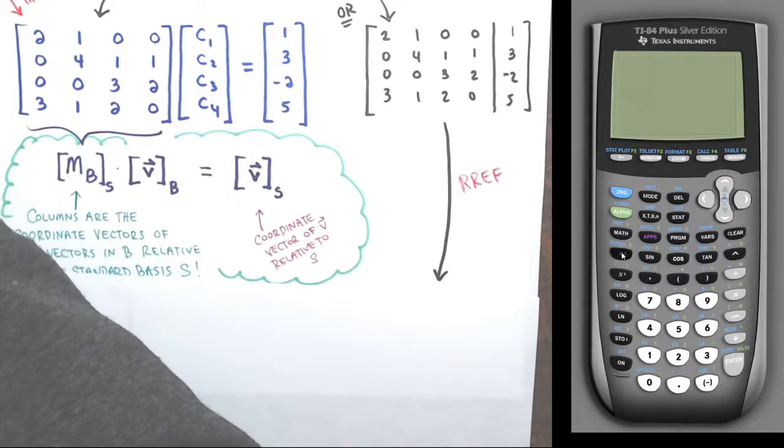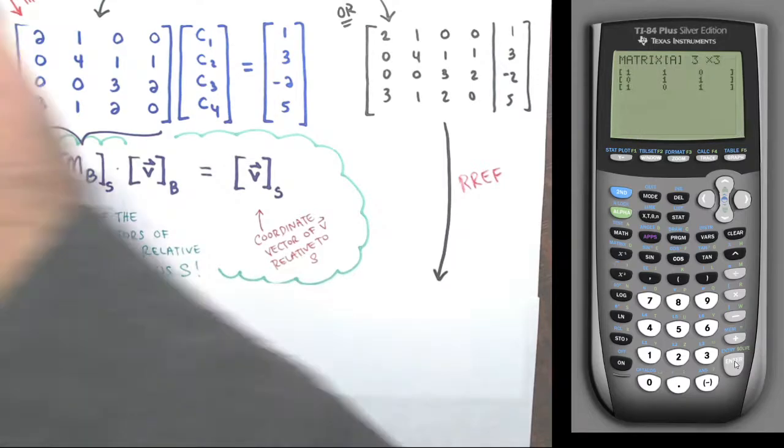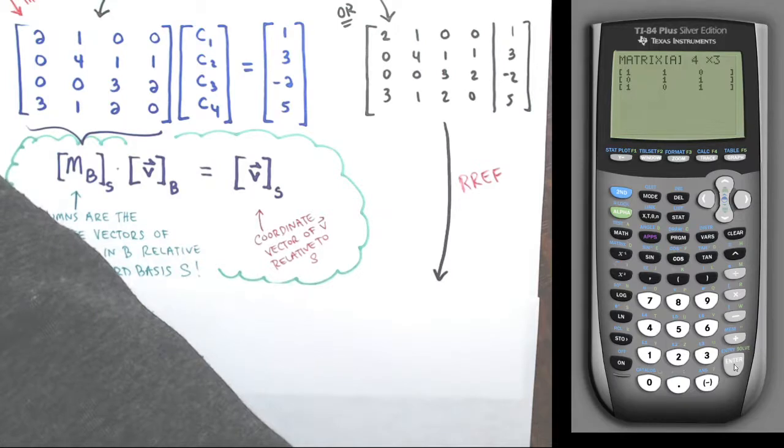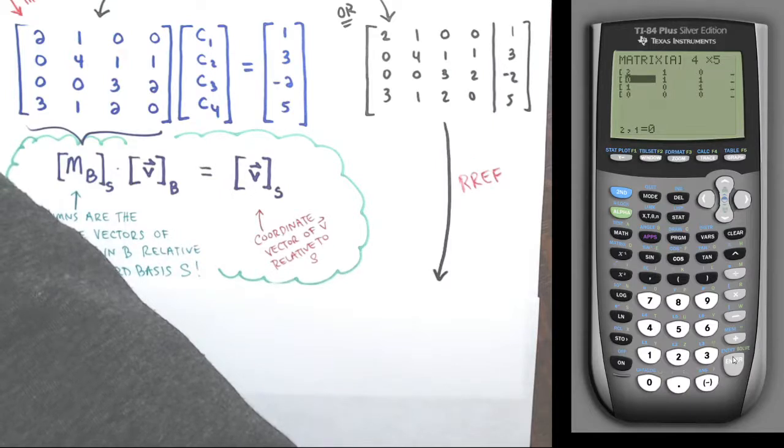So back to that matrix menu. This is a 4 row, 5 column matrix. So 2, 1, 0, 0, 1, 0, 4, 1, 1, 0. Nope, not 0, 3.